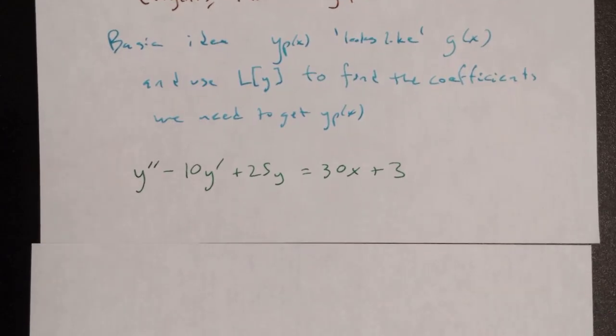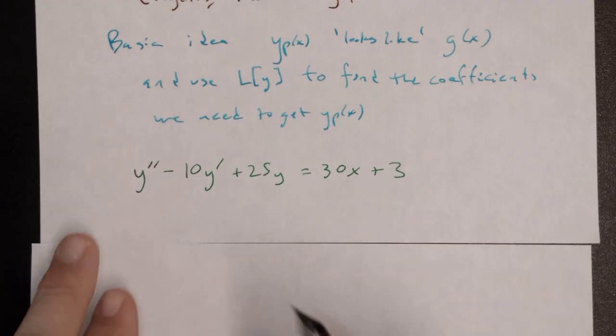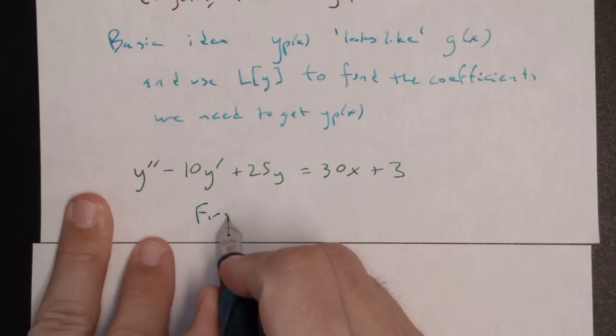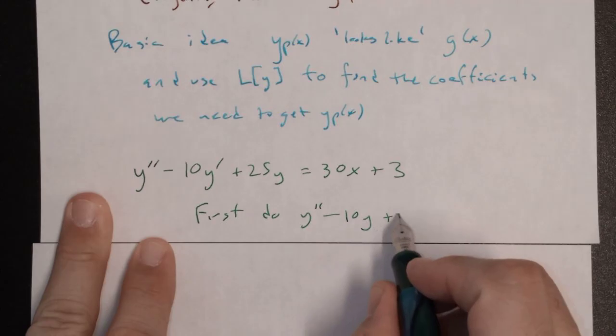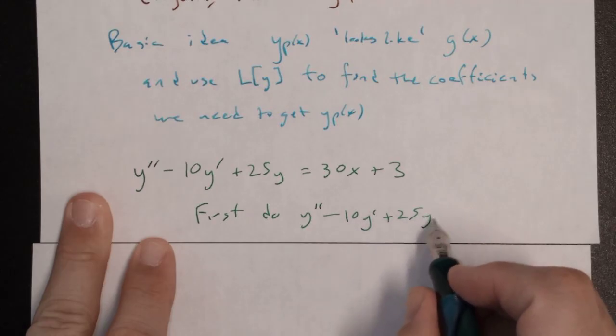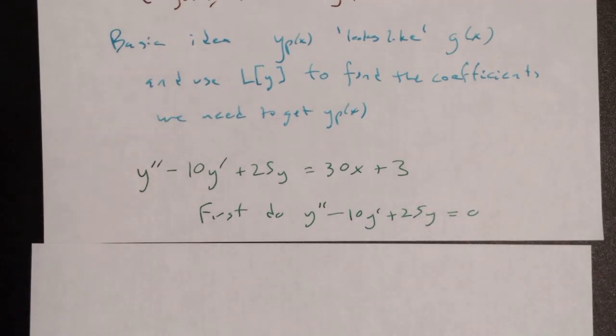The first thing I need to do is throw out the 30x plus 3 and solve the homogeneous version. So this is what you did in the homework you just gave me, chapter 4, section 3.